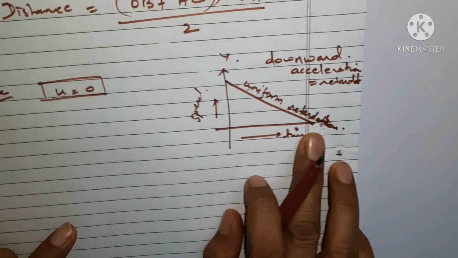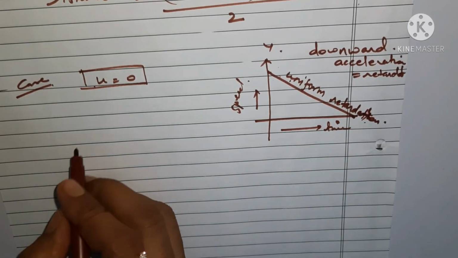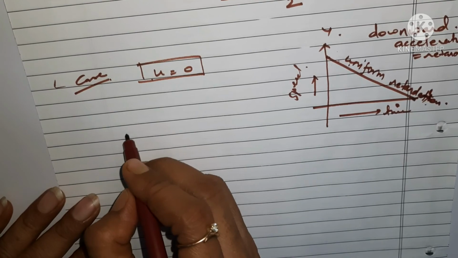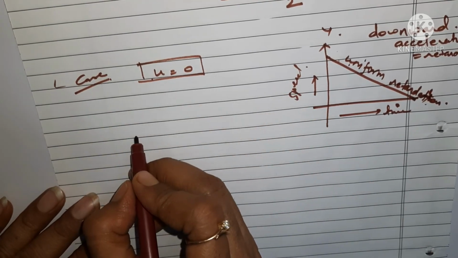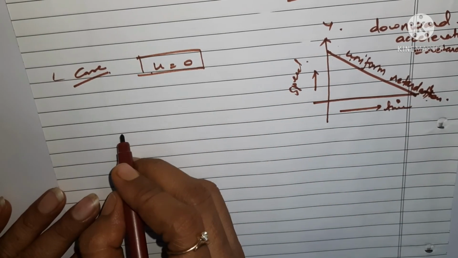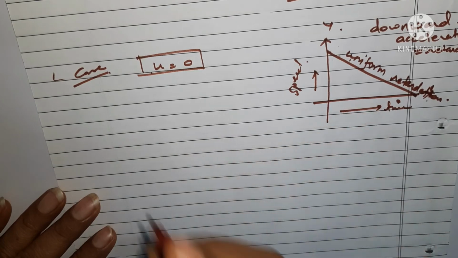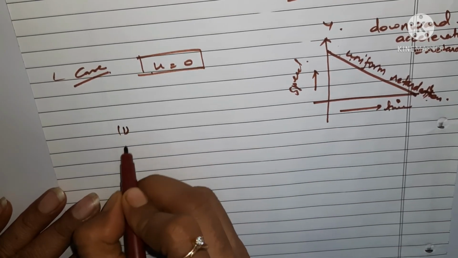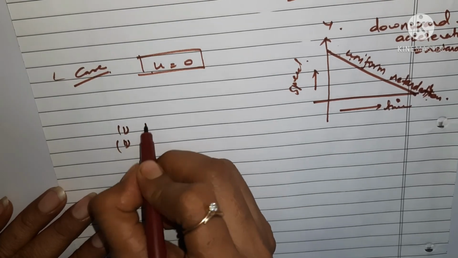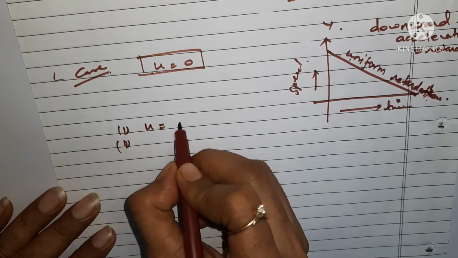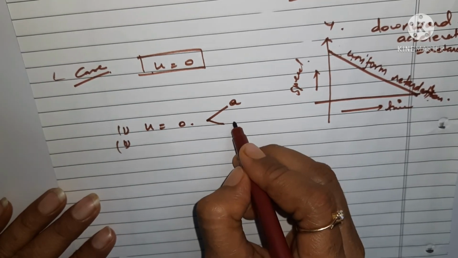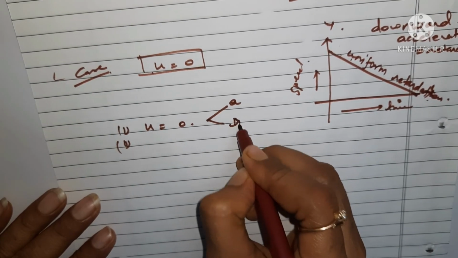So what have we completed today? A speed-time graph when the change in speed is in equal amounts in equal intervals of time, that is, the change in speed is at a uniform rate. In this we have discussed 3 things. The first is when the initial velocity is 0, how to find acceleration and how to find distance.